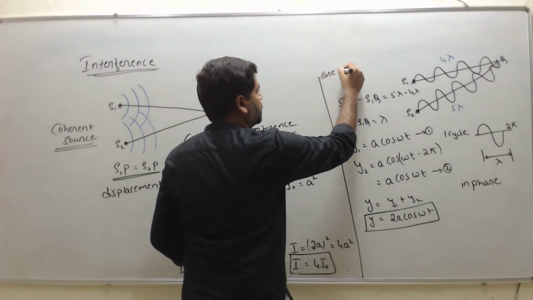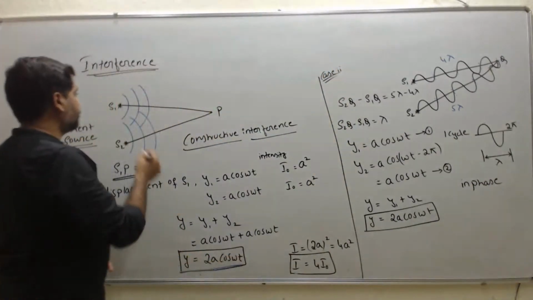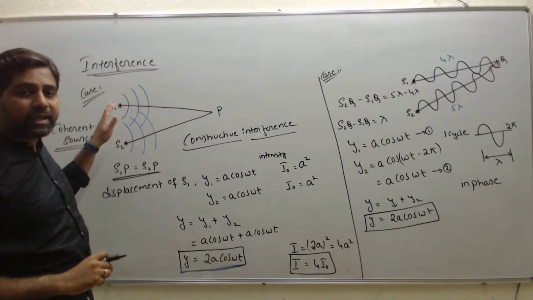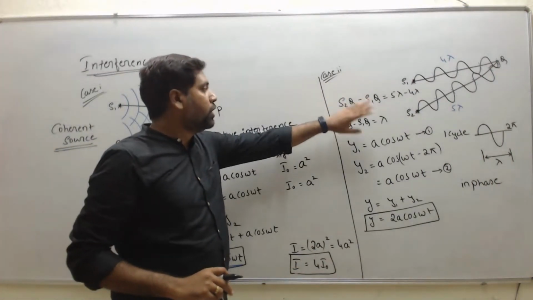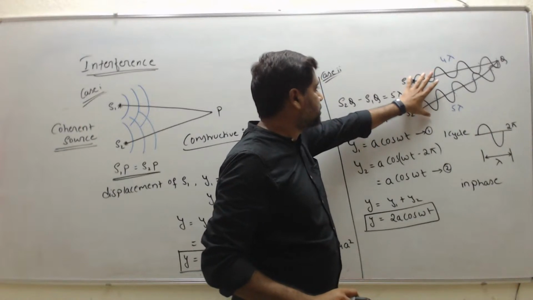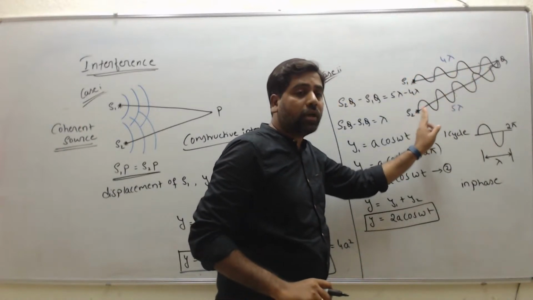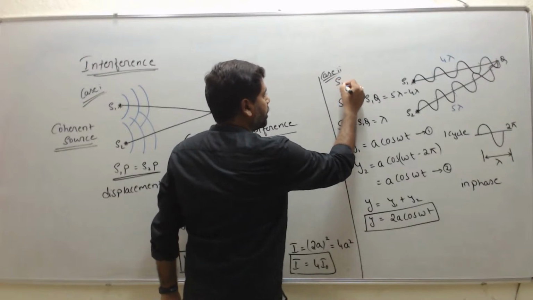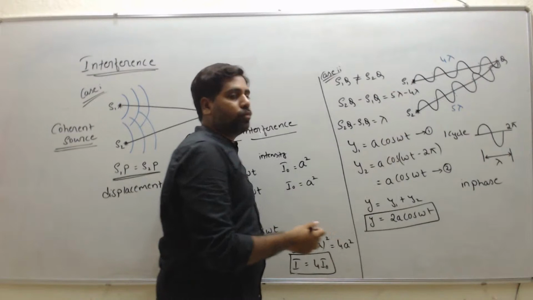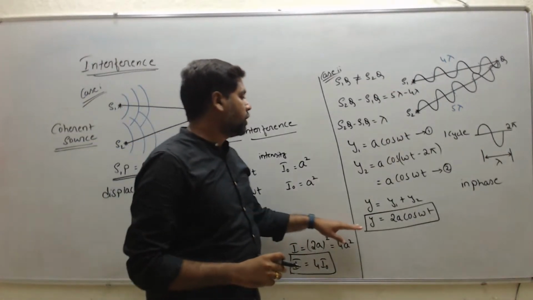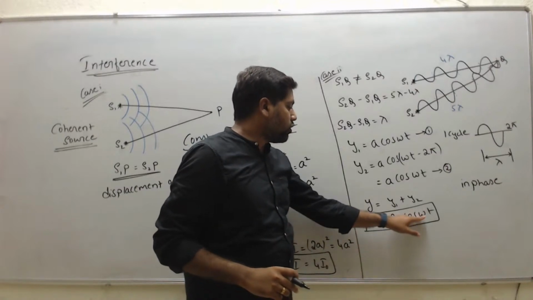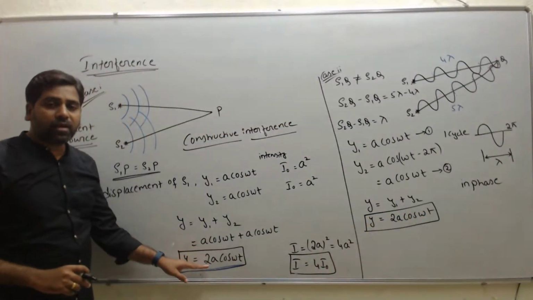If we study case 1 and case 2, so this is case 1, here is case 2. In case 2, what happens? Here the distance from S1 to Q is not equal to S2 Q. So here we get the displacement y equals 2A cos theta, similar to the first case.